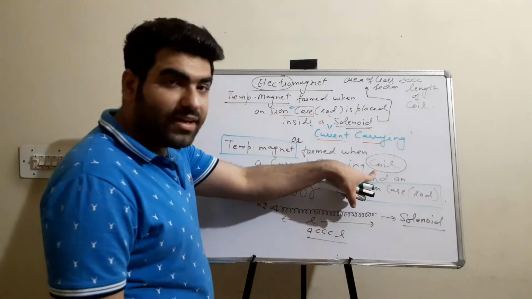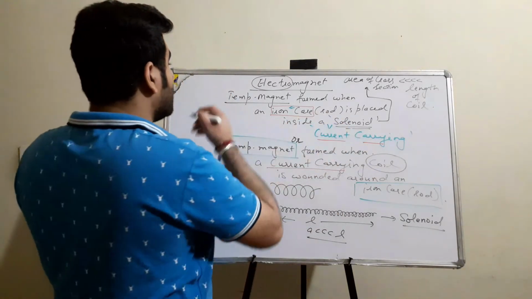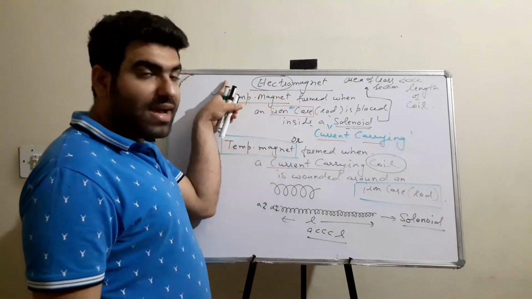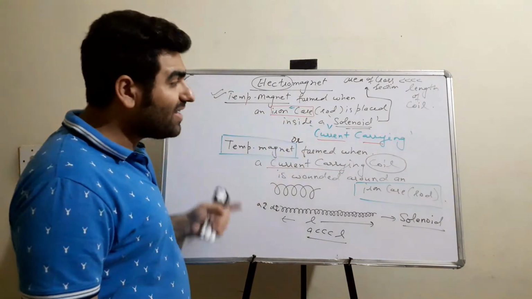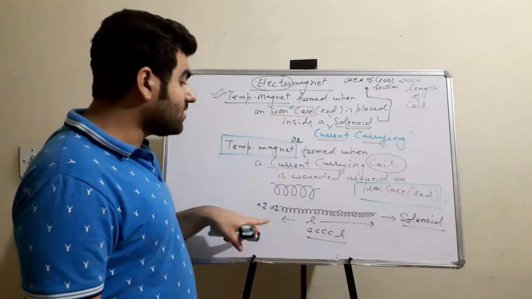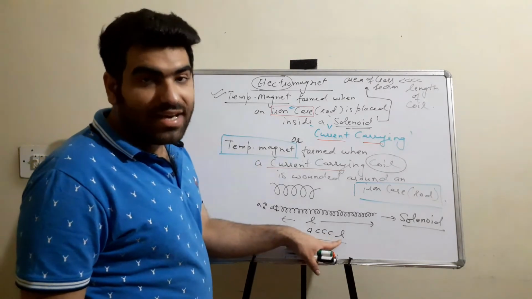Either we write coil or we write solenoid, but this definition is far more precise and accurate because the electromagnet is created with the help of this current carrying solenoid. So here we have noted the difference between a coil and a solenoid. A solenoid is a coil having the area extremely less than its length.